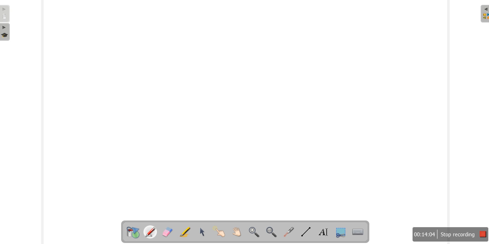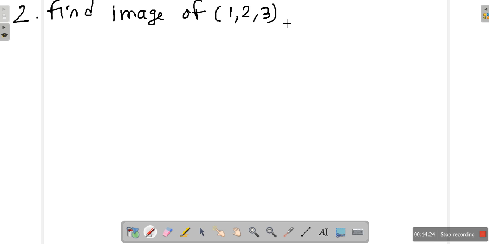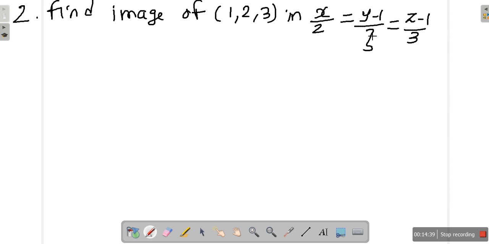Now we'll do image of a point in a line. That is the second example. Find the image of the point 1, 2, 3 in the line x upon 2 equal to y minus 1 upon 3 equal to z minus 1 upon 3.